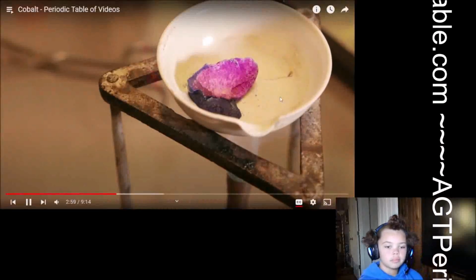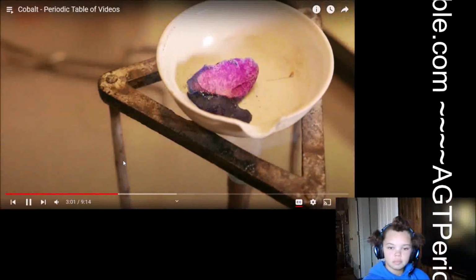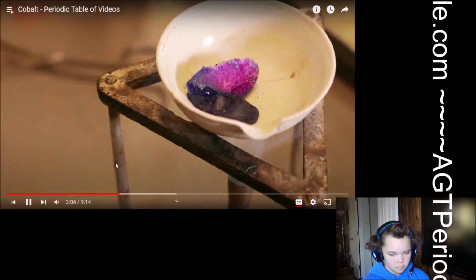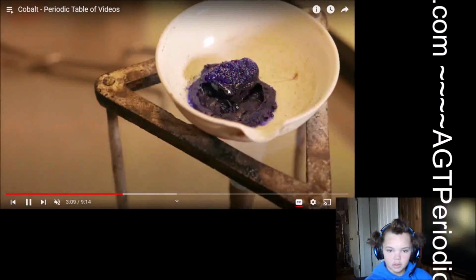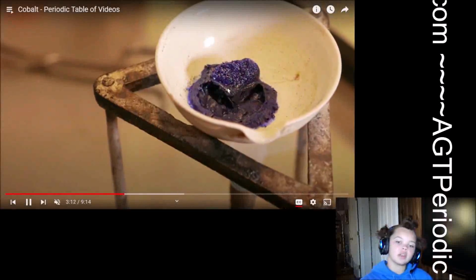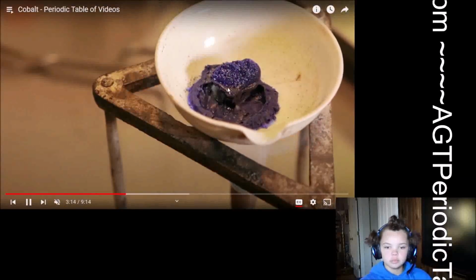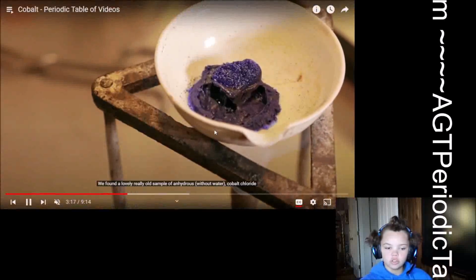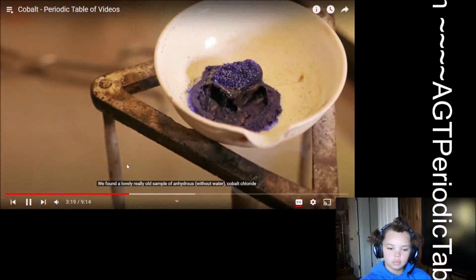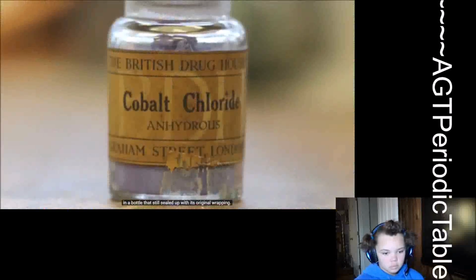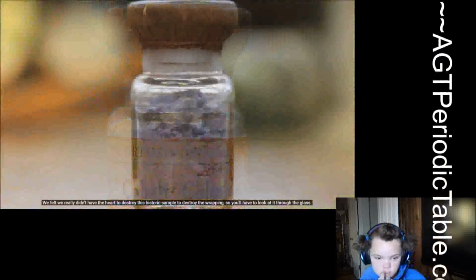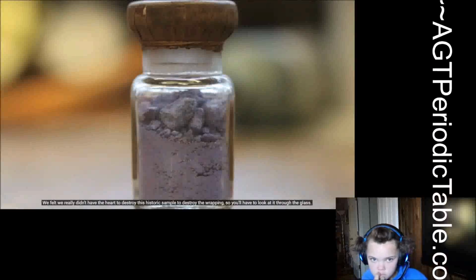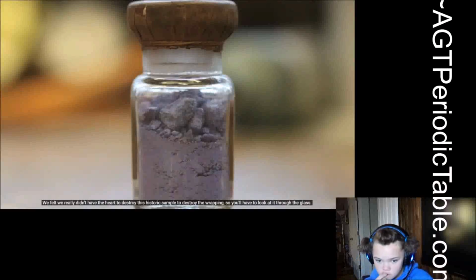It's like dissolving basically, or that's what it looks like, but I think they're just getting rid of the water. It's very interesting looking. Really old sample of anhydrous, without water, cobalt chloride, in a bottle that's still sealed up with its original wrapping. We felt we really didn't have the heart to destroy this historic sample, to destroy the wrapping, so you'll have to look at it through the glass.